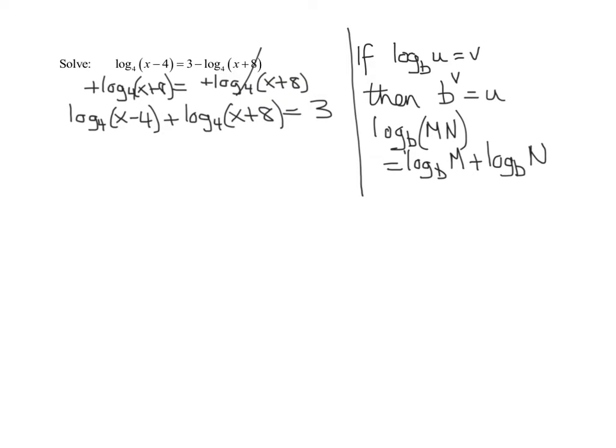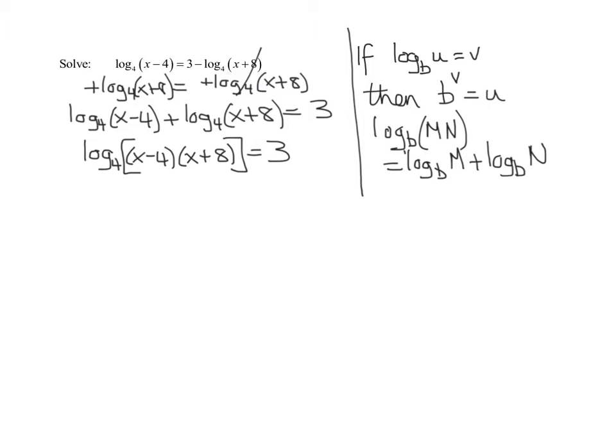In this case, both of my logs are positive, so when you combine them, you multiply the two arguments. So I'm going to have log to the base 4 of the quantity x minus 4 times x plus 8 equals 3.